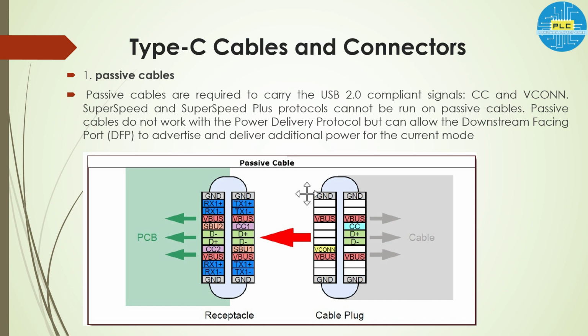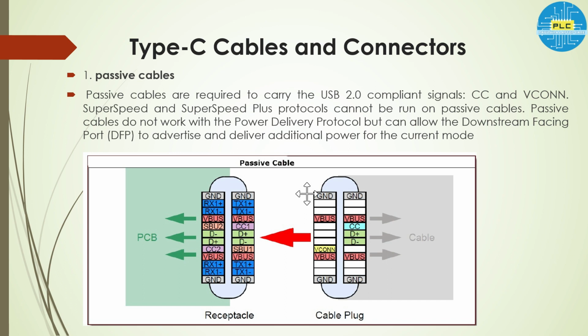See, there are 3 types of cables. One is the passive cable. Passive cables are required to carry the USB 2. Before that, one thing I wanted to clear: this type C is not a special thing. It's a type of USB 2, USB 3, USB 3.1.